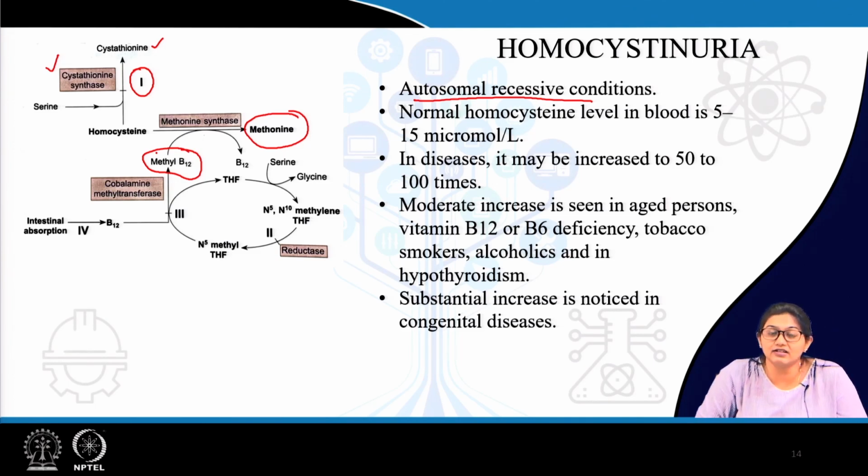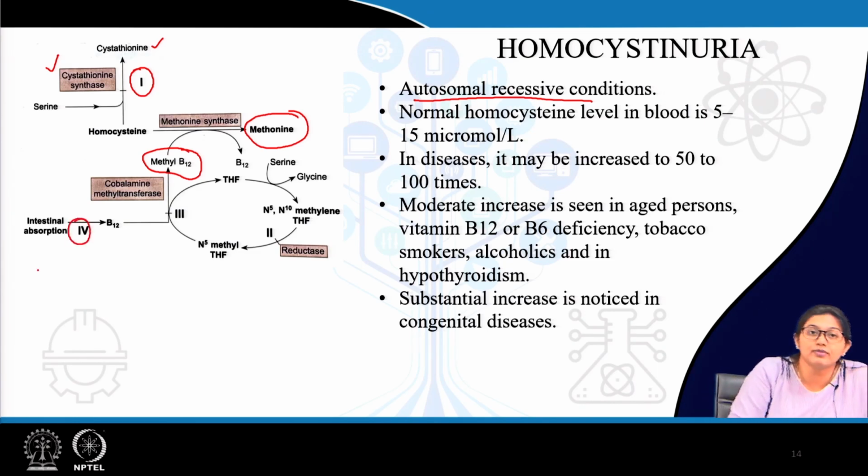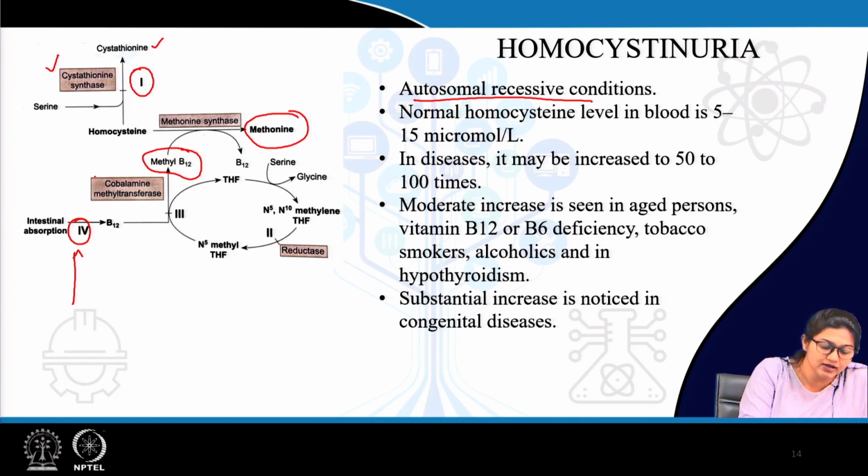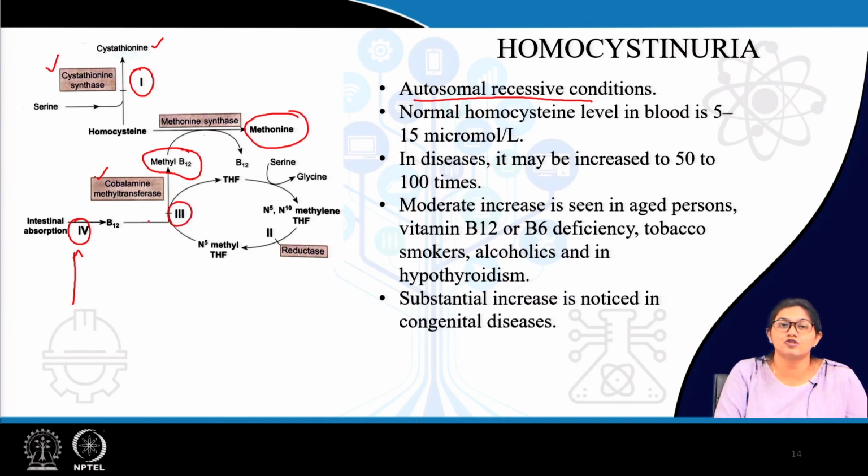So, if there is dietary deficiency, that is type 4. Now, remember type 4 homocystinuria is not the genetic variant, rather the acquired pattern where vitamin B12 deficiency occurs from dietary deficiency. Now, this vitamin B12 forms methylcobalamin with the help of the enzyme cobalamin methyl transferase. When this enzyme is defective, it causes type 3 homocystinuria.